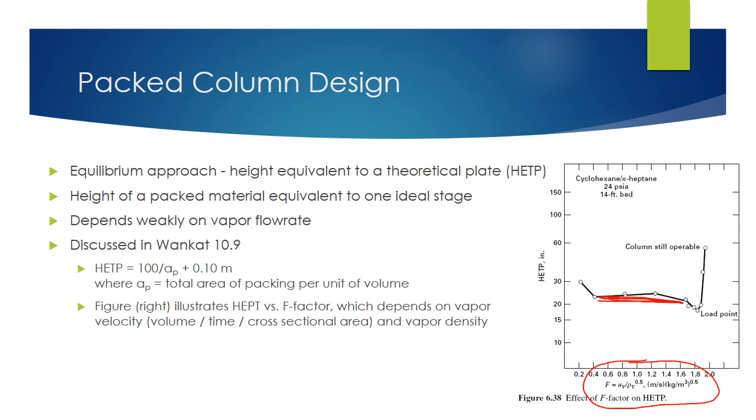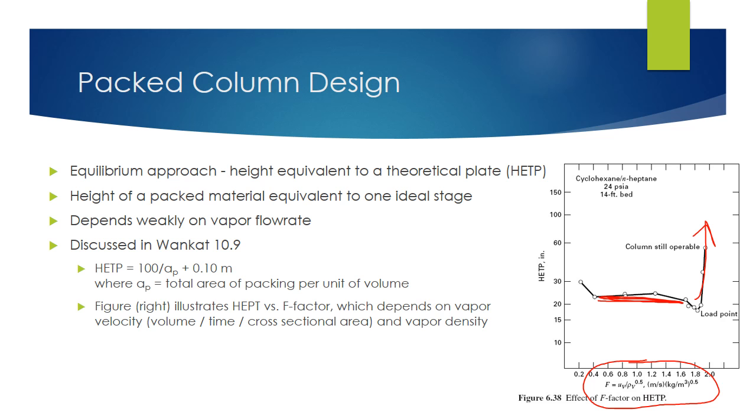So it's basically constant across a wide range of conditions. And then we reach the load point and all bets are off and it begins to increase significantly, but you probably wouldn't want to operate the column that way anyhow. So this is a very easy way to do packed column design, and you really don't need to think about it more other than to find out what that HETP value is.